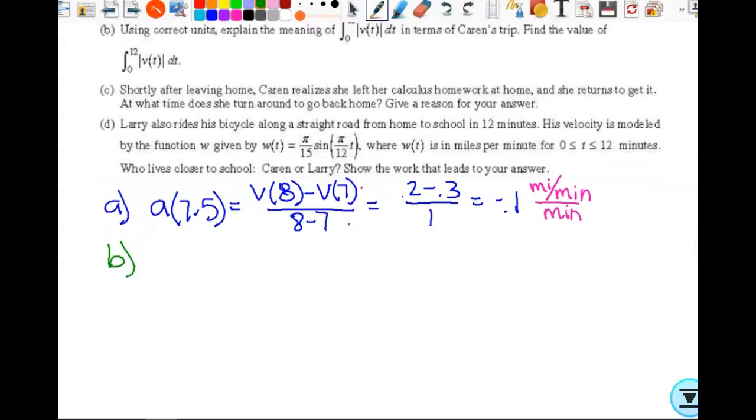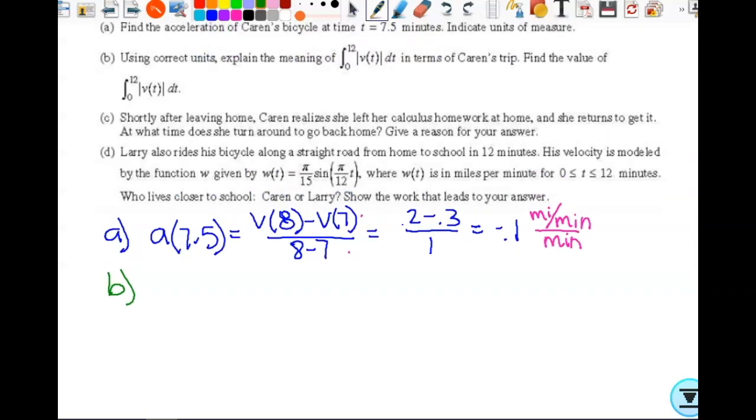So B says, using correct units, explain the meaning of the integral from 0 to 12 of the absolute value of v of t dt in terms of Karen's trip. Then find the value. So what is the meaning? So let's write this out. We can write down the integral from 0 to 12 of the absolute value of v of t, dt.